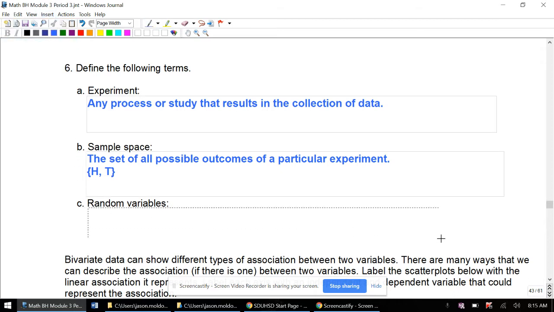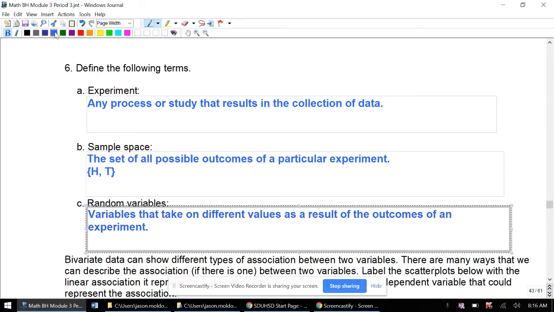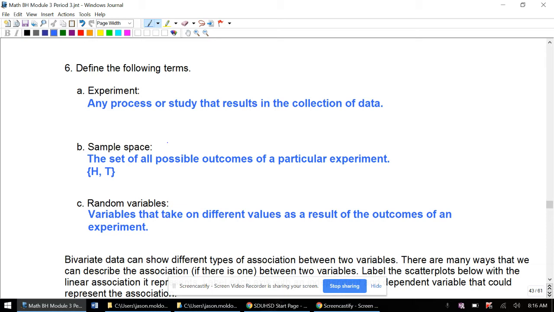And the last term that we're going to define is a random variable. These are variables that take on different values as a result of the outcomes of an experiment, which sounds sort of like the term states, but also does not clearly clarify what it is.